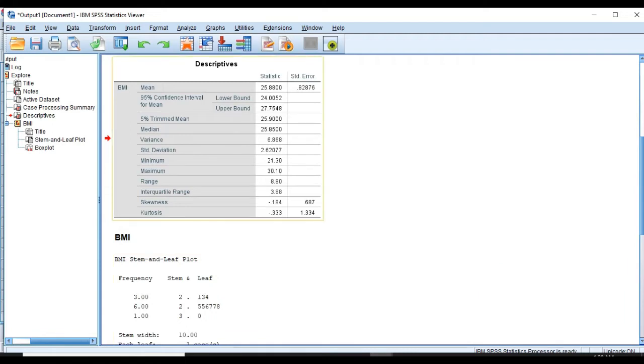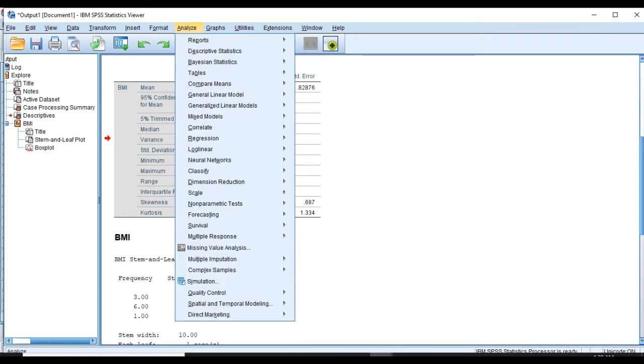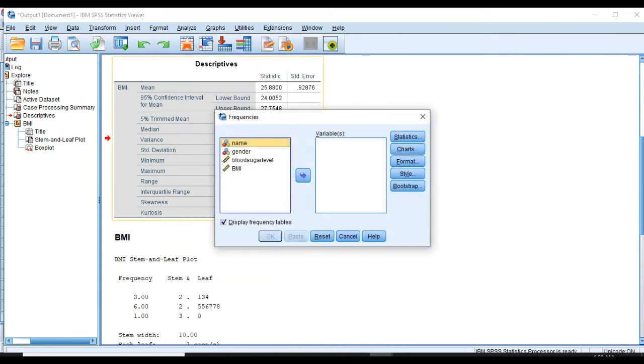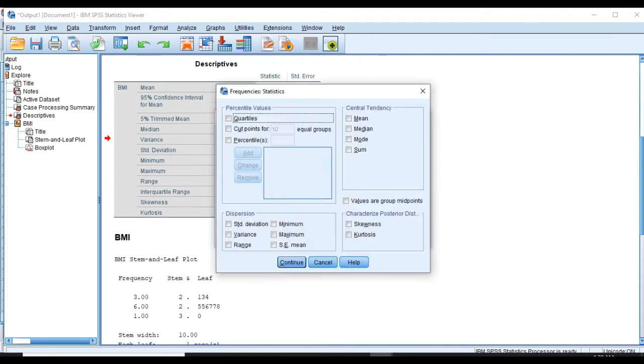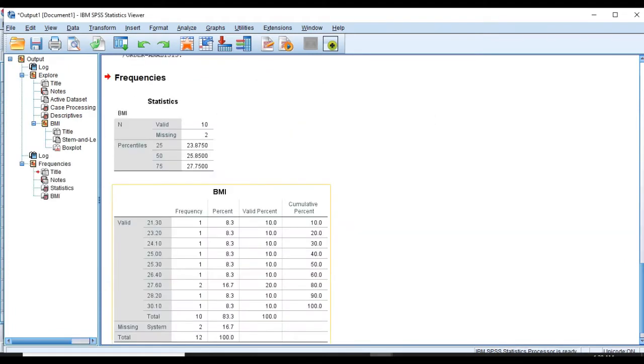But we need the first quartile and third quartile as well. So to do so, go to Analyze, Descriptive Statistics, Frequencies, drag BMI into the box, Statistics, Quartiles, Continue, and then OK. So here in this box, the 25th percentile is the first quartile and the 75th percentile is the third quartile.